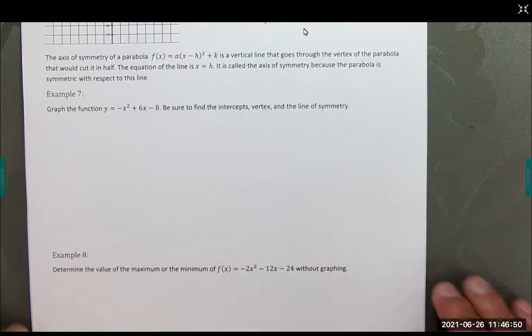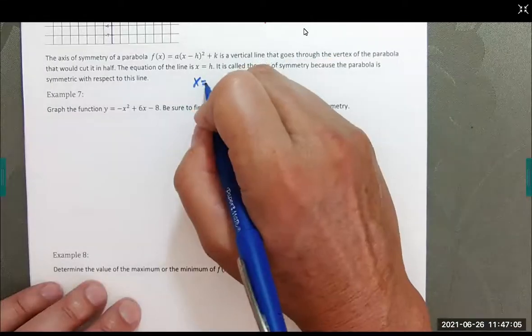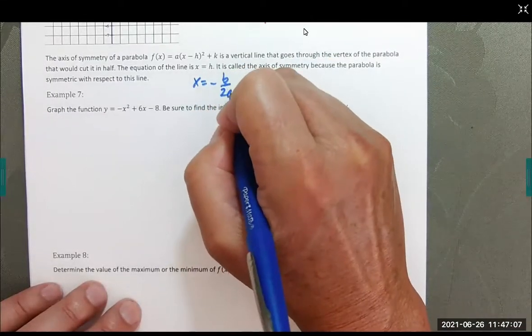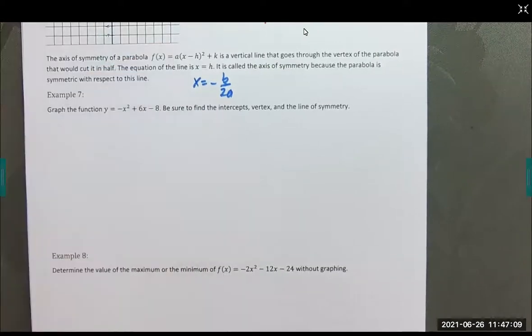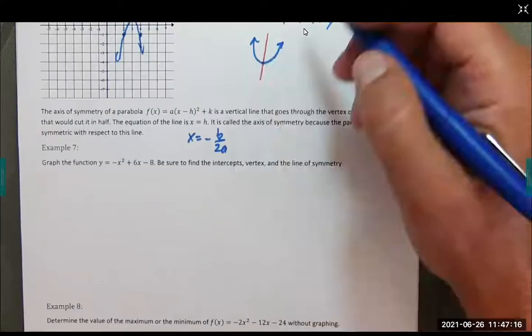The axis of symmetry of a parabola, f of x equals a, and then we have the standard form, is the vertex of the parabola that would cut it in half. The equation of the line is x equals h. And if we're in the other form, it's x equals -b over 2a. So if we're not in this particular form. It's called the axis of symmetry because the parabola is symmetric with respect to this line, kind of exactly what I did up here, where it cuts it exactly in half.